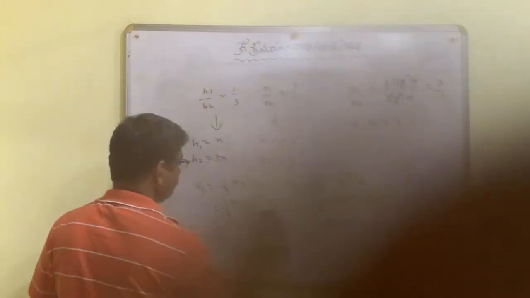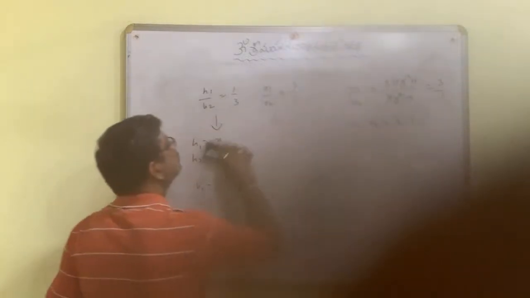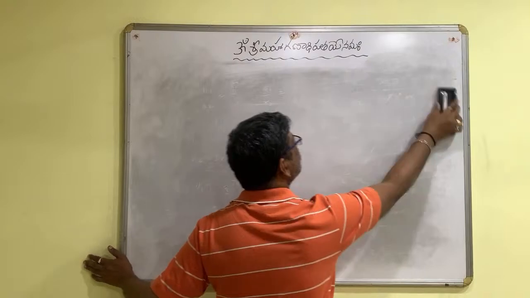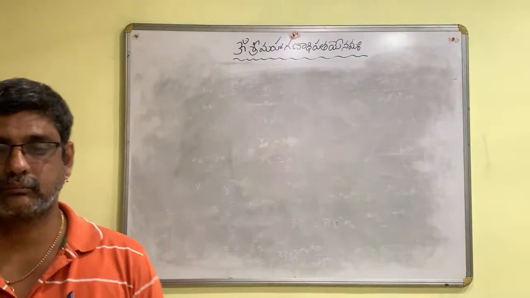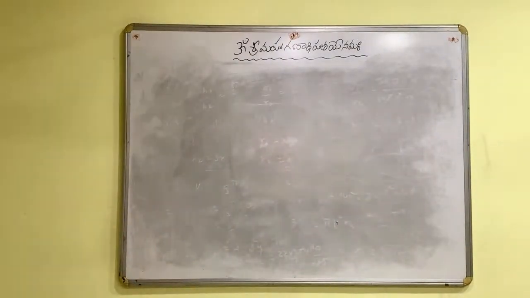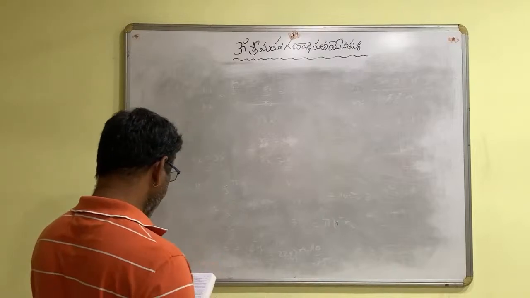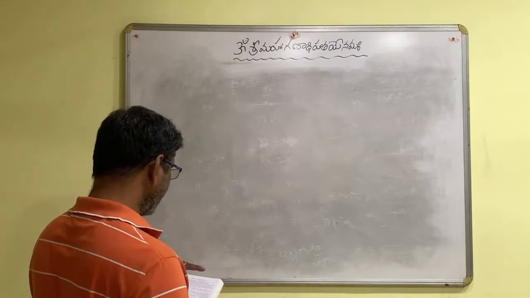Curved surface areas are in the ratio. A cylinder and a cone have equal radii of their bases and equal heights.